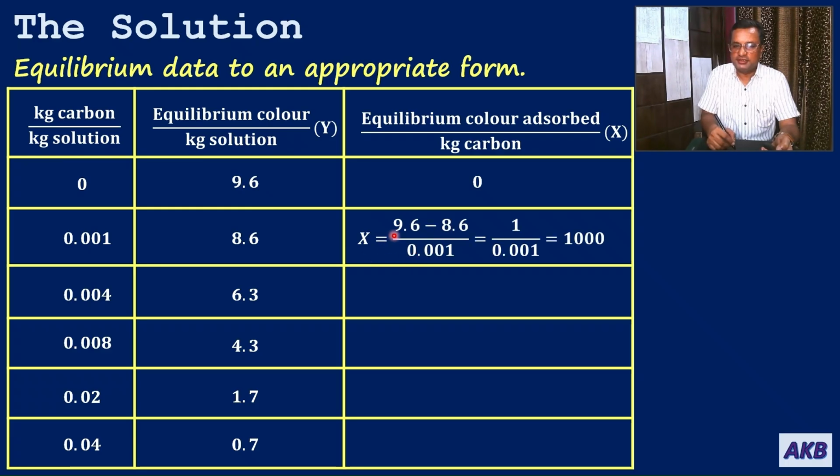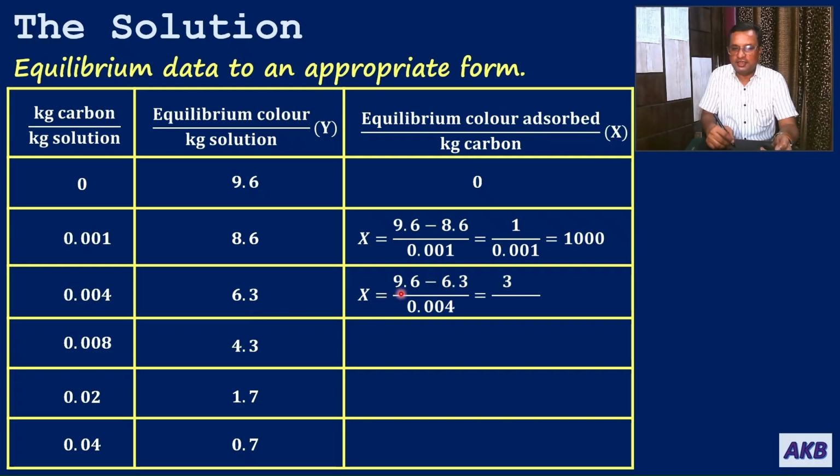Capital X is 9.6 minus 8.6 divided by 0.001. That is 1 upon 0.001, which is 1000. Then let us go to the next reading. When you are adding 0.004 kg of carbon, the color intensity reduces from 9.6 to 6.3.